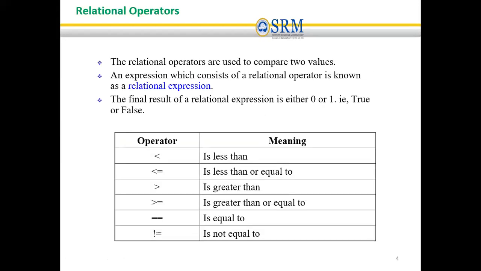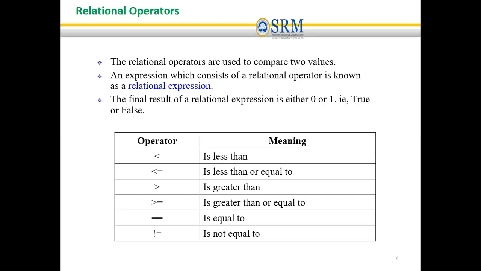First, let us talk about relational operators. The relational operators are actually binary operators. It means it operates on two operands and returns one value.